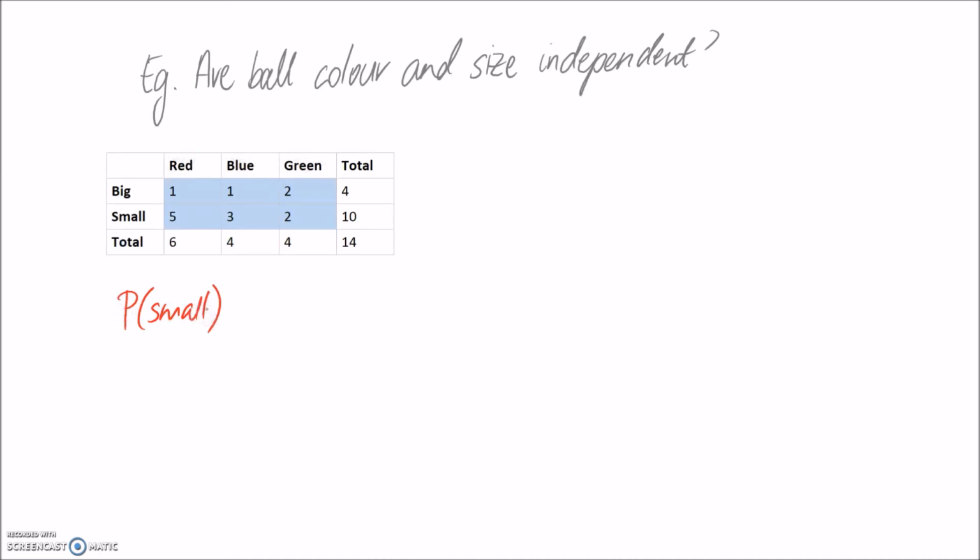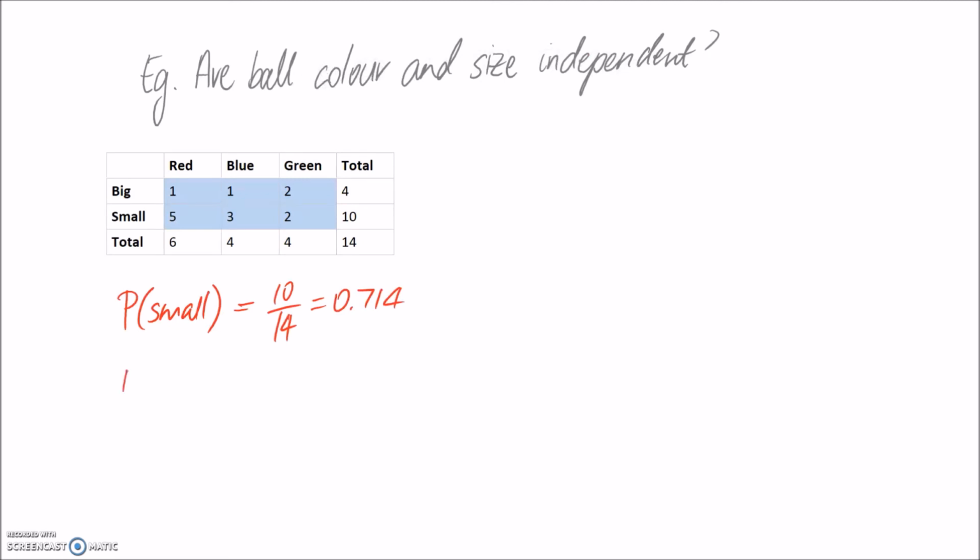If we start with the probability of it being small, that's our marginal case. That's going to be equal to the 10 from the margin divided by 14. And if you want, you can type this in as a decimal. It comes to 0.714.